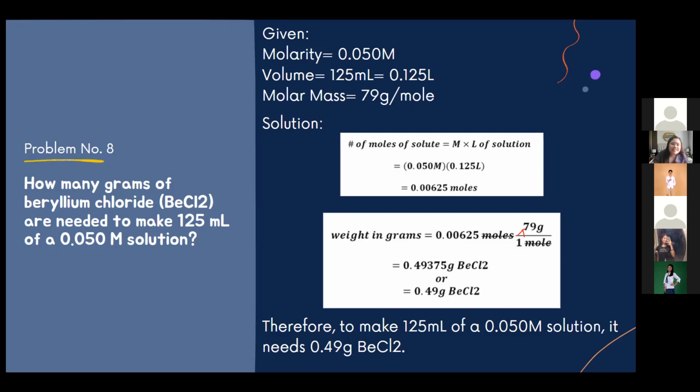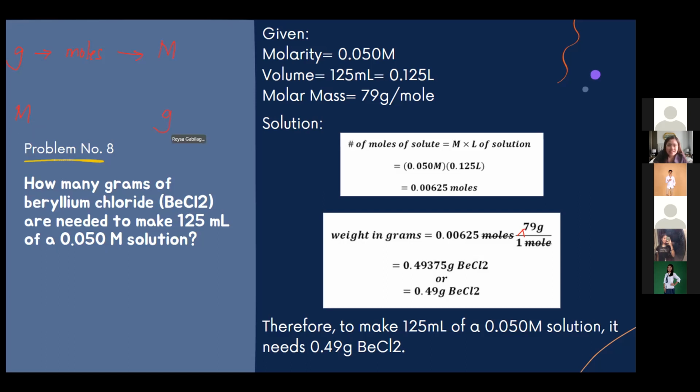Okay, very good. This is actually kabaliktaran na problem. Most of our problems from problem number, unsang number to, given ang grams, tapos ang ginagawa natin will look for the moles, tapos hahanapin natin si molarity. Ito yung ating process sa mga nauna na problem. But this time, given si molarity, ang ihahanapin natin si gram.